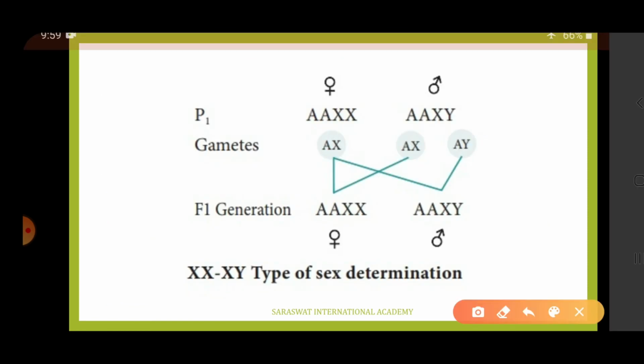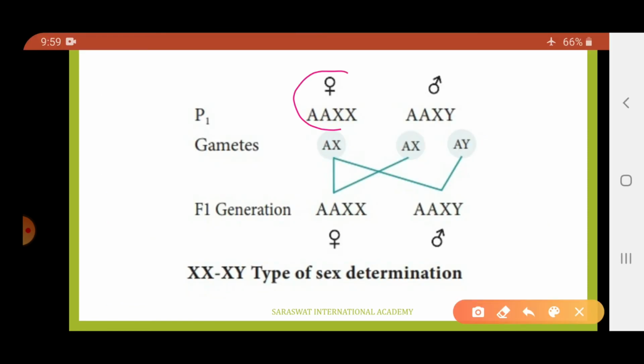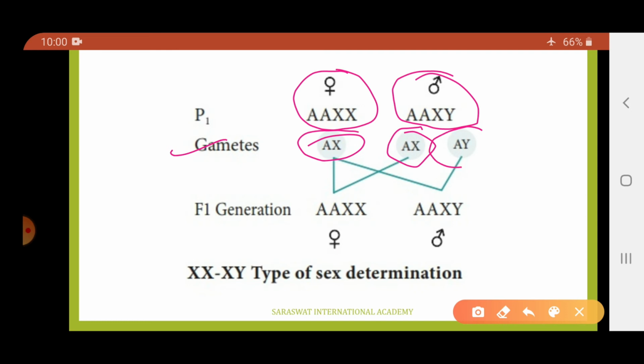See the chart, students. This is a female parent, that is AAXX. AA indicates the autosomes, right? XX indicates the sex chromosomes. The females are homogametic and this is the male with the composition AAXY. Now, all the gametes produced by the females have the composition AX, whereas for the gametes produced by the males, 50% of the sperms will have the composition AX and 50% of the sperms will have the composition AY.